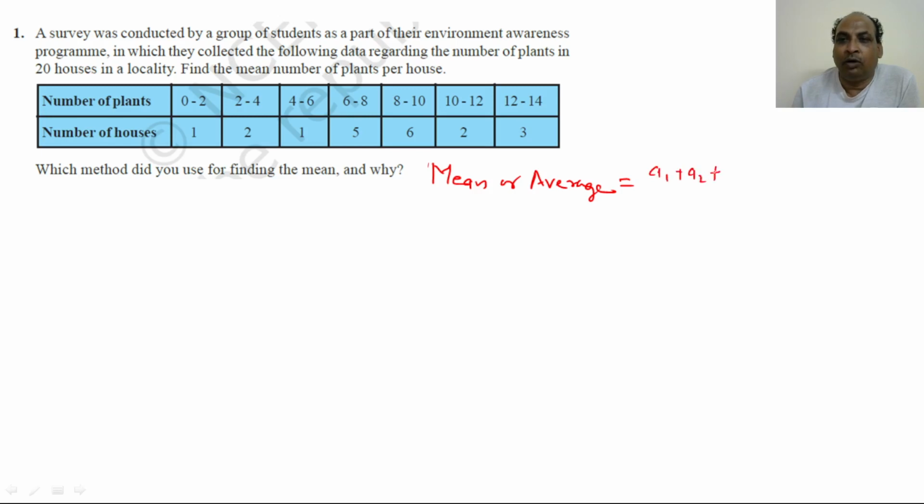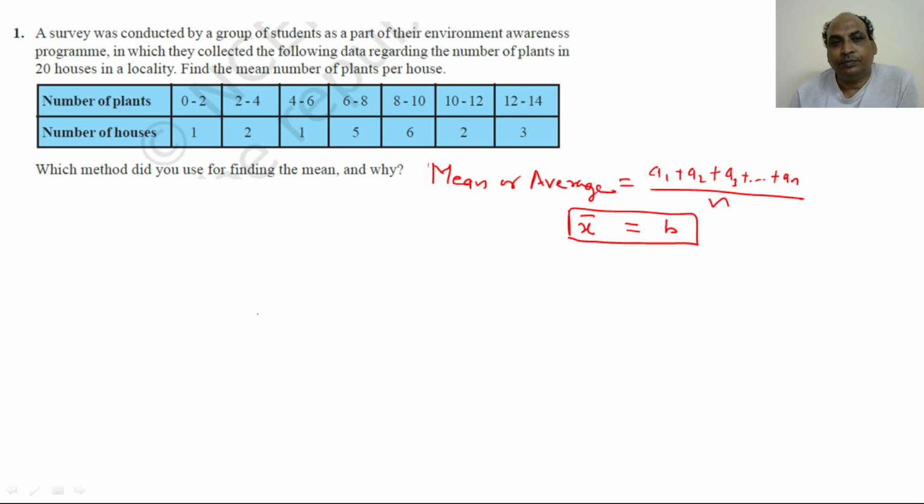We were adding all the given data up to n number of data, and when we were dividing it by n, we used to get some value, and that is called mean.